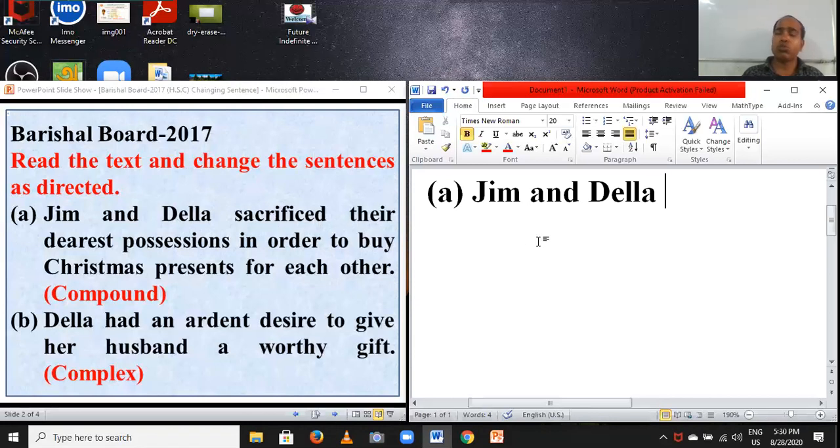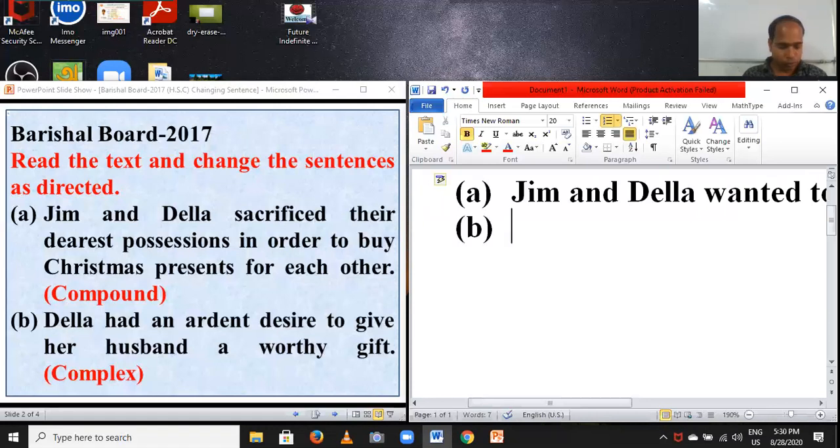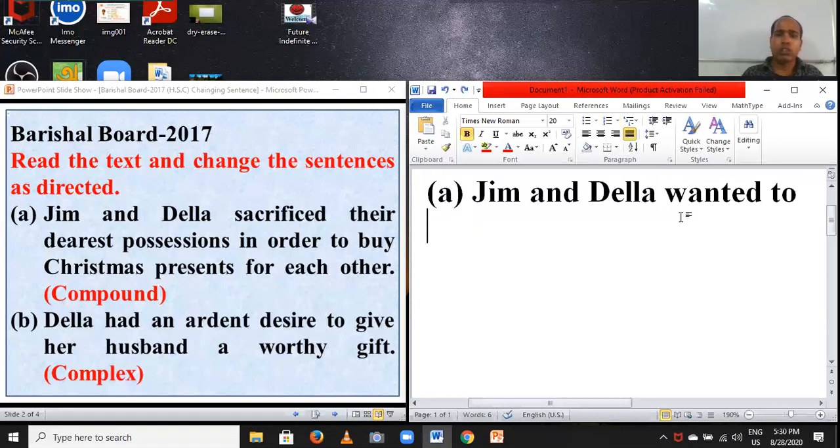So you have to identify and set "wanted to," W-A-N-T-E-D, wanted to.